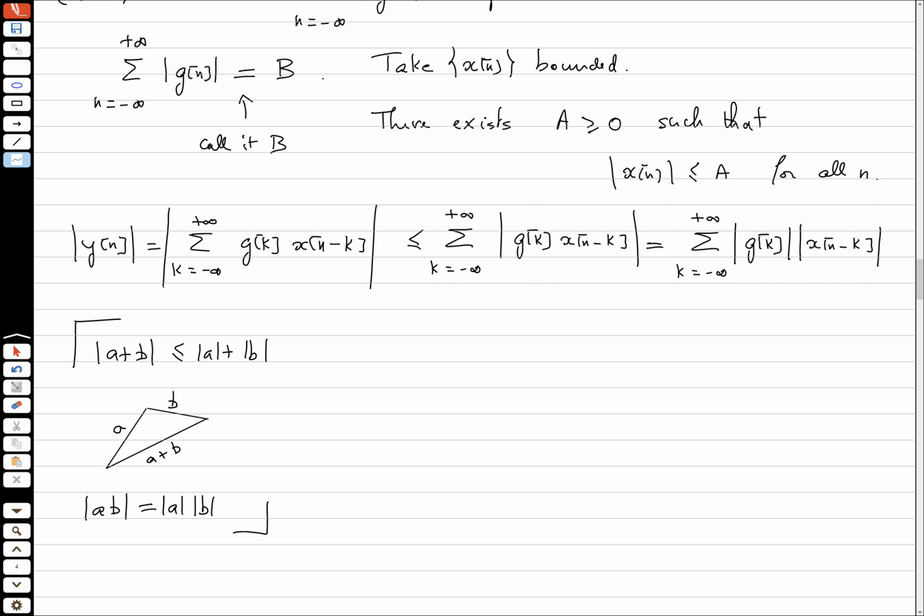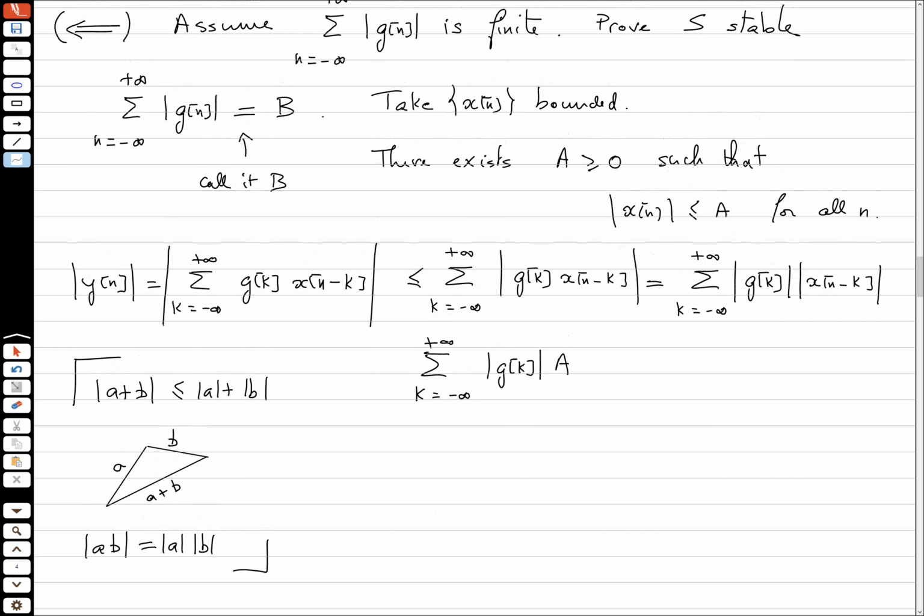All right. Now I'm going to write something that is different. Instead of writing x of n minus k, I write A. So is there anything you can say about the comparison between these two numbers?